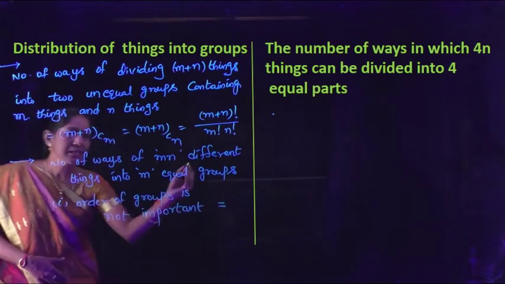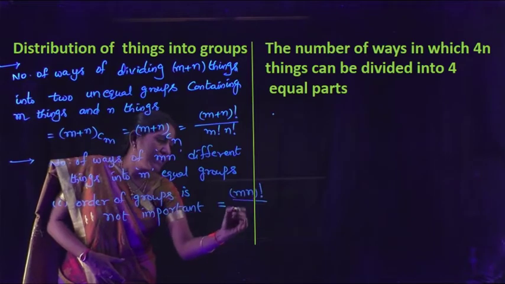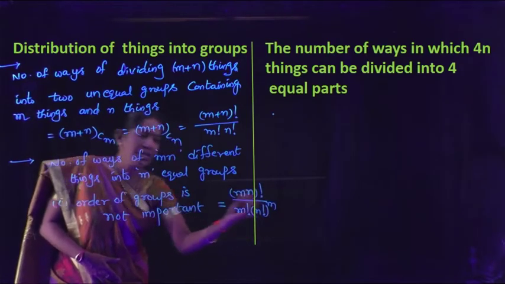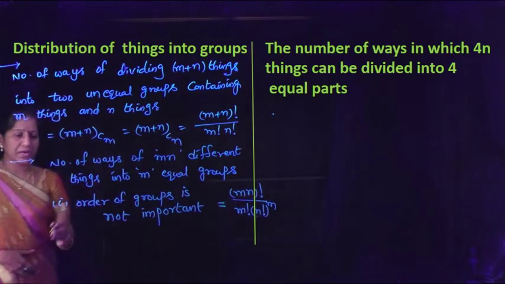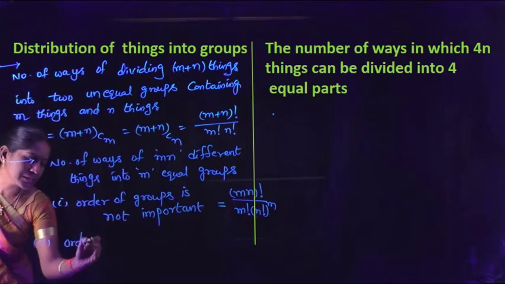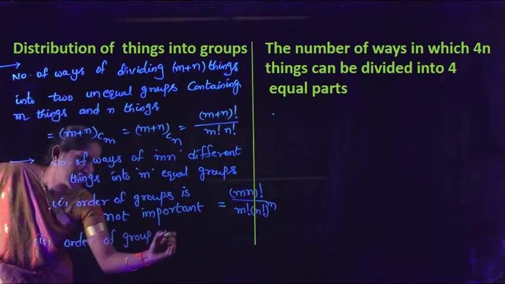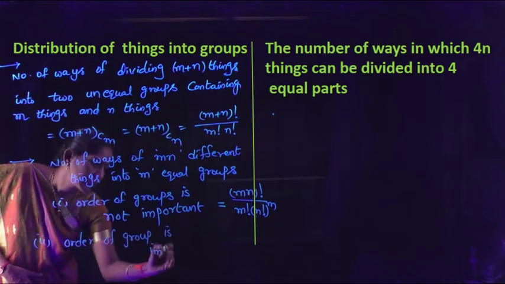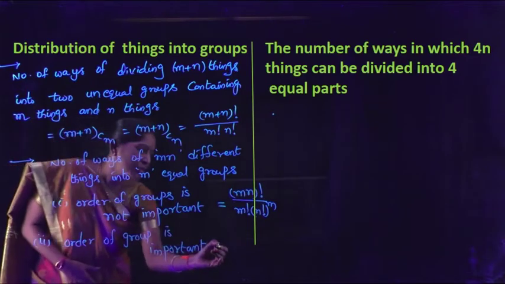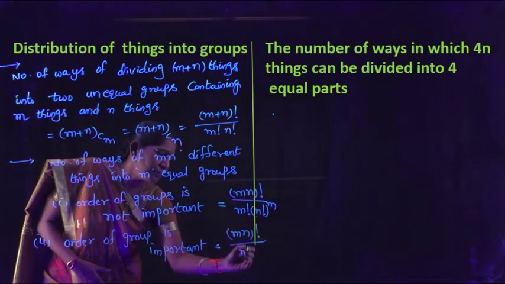That is (mn) factorial by m factorial into (n factorial) whole to the power m. And next one is when order of groups is important. That is (mn) factorial by (n factorial) whole to the power m.